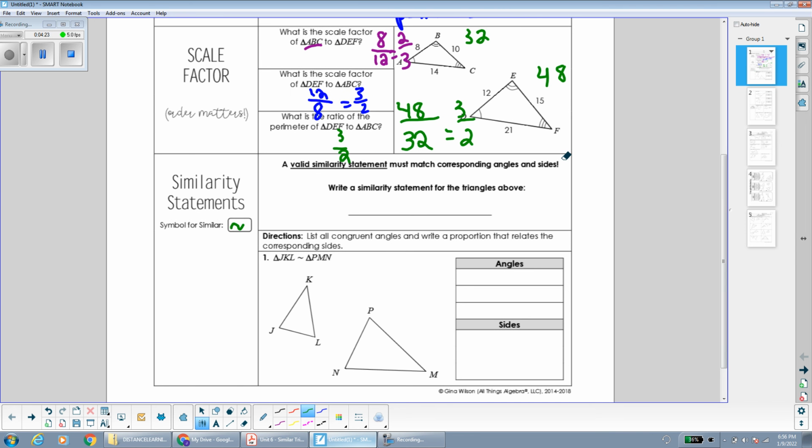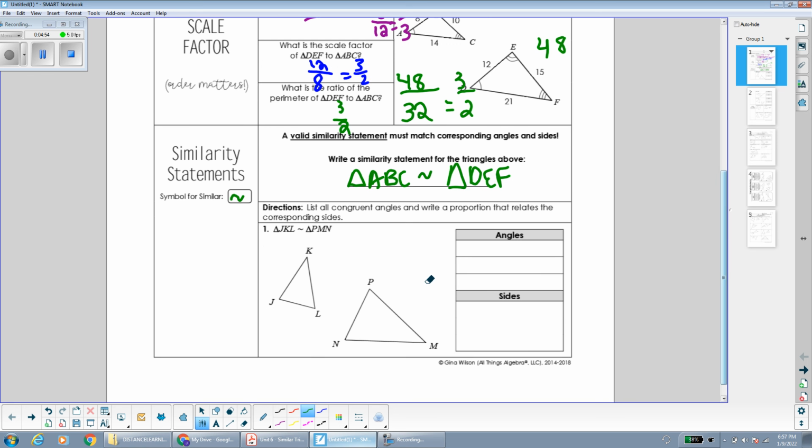So that would be triangle, if I'm starting with ABC on the small triangle, I'm going to have to keep corresponding parts together on the big triangle. A corresponds to D, B corresponds to E, and C corresponds to F. And there we have our similarity statement. Triangle ABC is similar to triangle DEF.